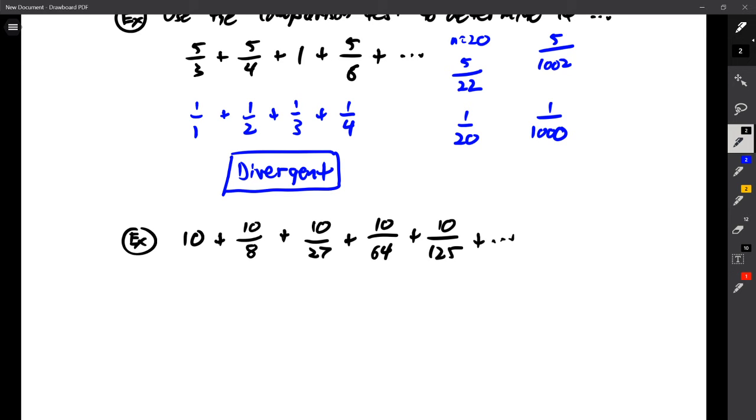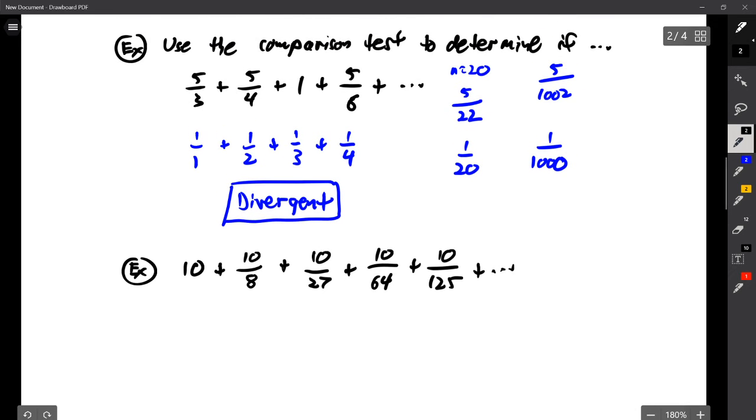Now you might see the 10s on top and think, I think maybe divergent. But well, if we started to compare it to our known divergent, we'd be comparing it to 1 plus 1/2 plus 1/3 plus 1/4 plus 1/5.